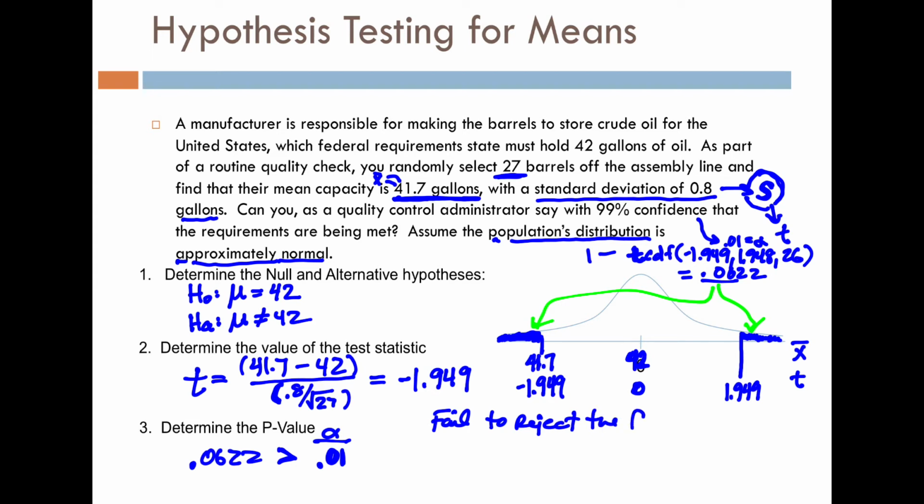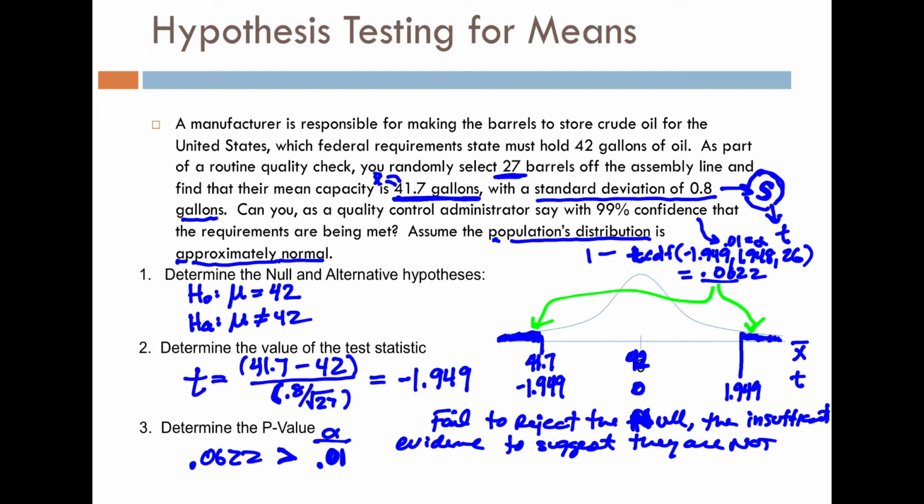Remember that the null is saying that the barrels are equal to 42 gallons. We're failing to reject that, so we're saying there's insufficient evidence to suggest they are not meeting the requirements.